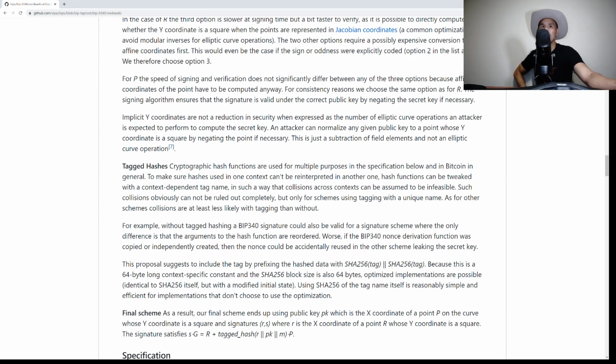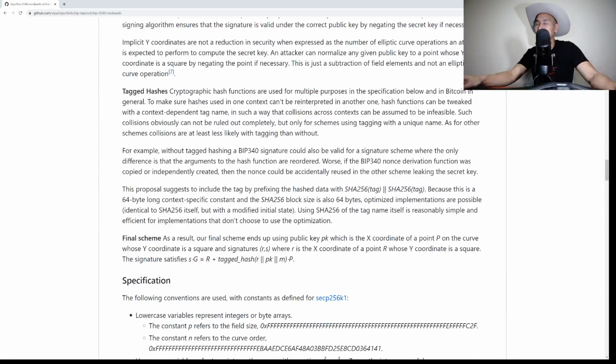Nonce stands for number used only once, and you don't want to reuse it, because if you reuse the nonce or sign two different things with the same nonce, you essentially leak the private key, which you do not want to do. That's very, very bad.